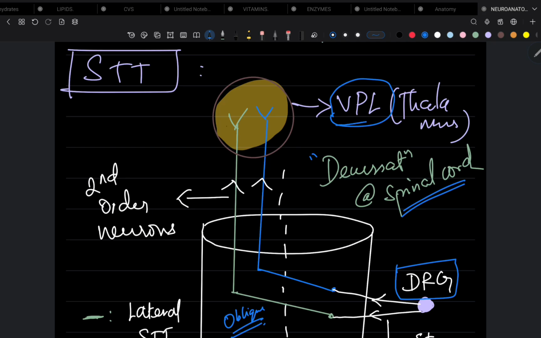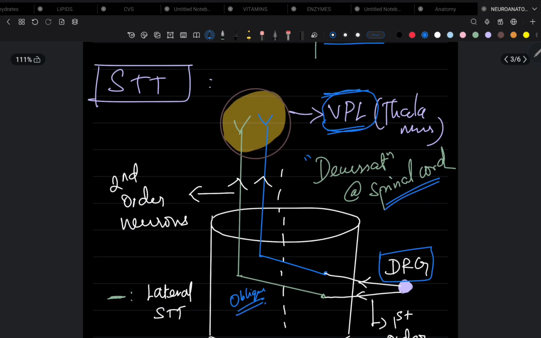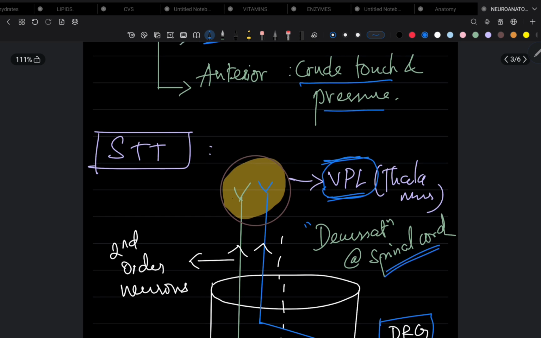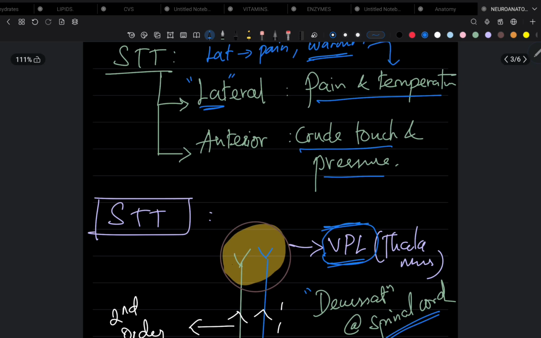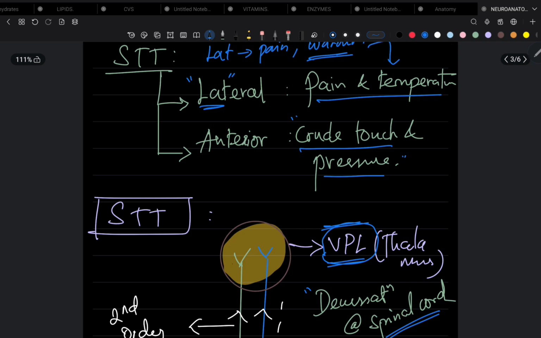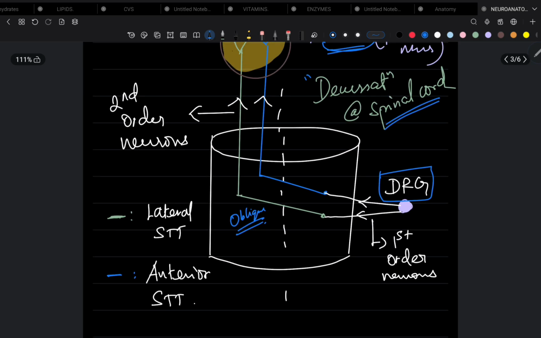And that nucleus where the information is relayed is called the ventro-posterolateral nucleus of the thalamus. And we have seen what sensations reach the VPL via STT: lateral STT carries pain and temperature, anterior STT carries crude touch and pressure. So this green color is lateral spinothalamic tract, and this blue color is anterior spinothalamic tract.